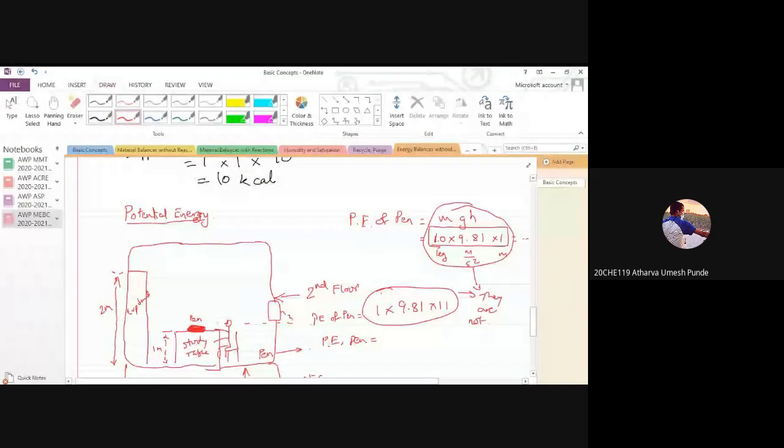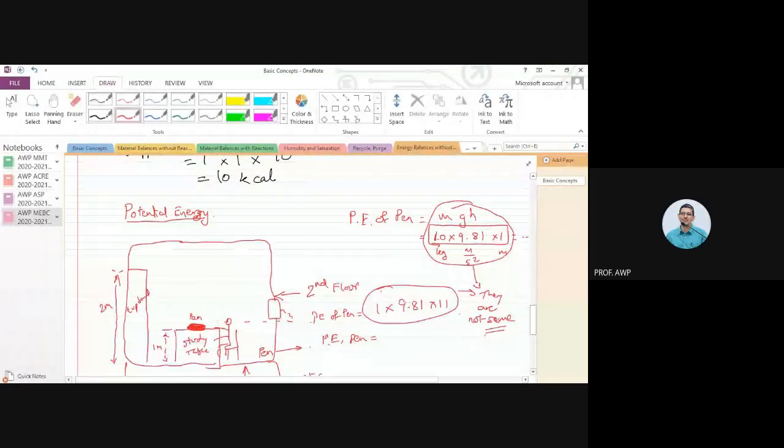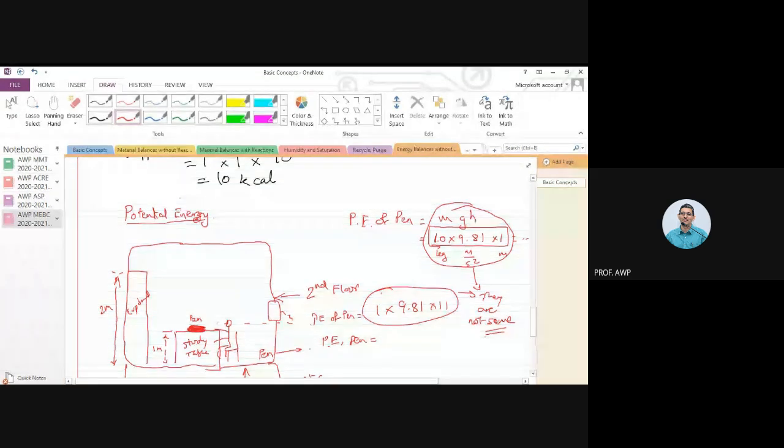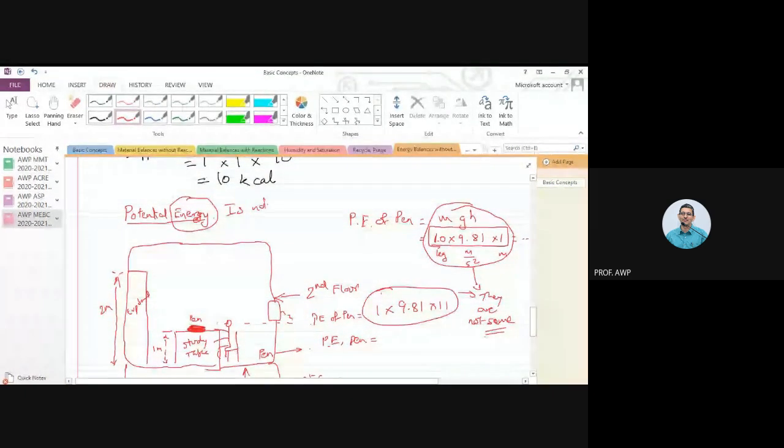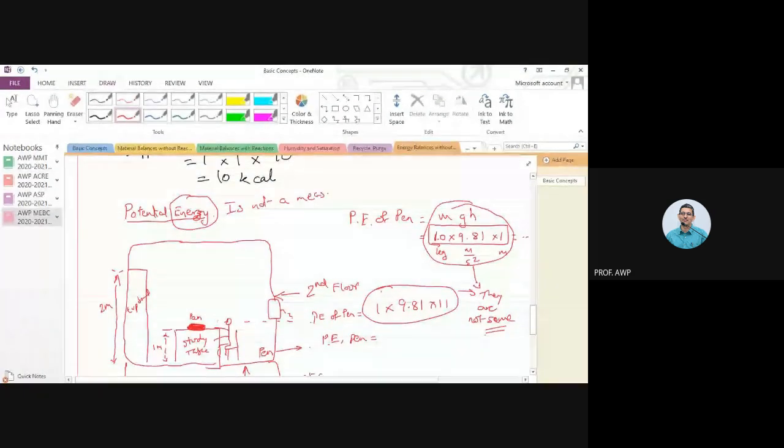Sir, it depends on the reference point, sir. It depends on what? Reference point. Where we take reference 0. That means again, energy is not a measurable property.